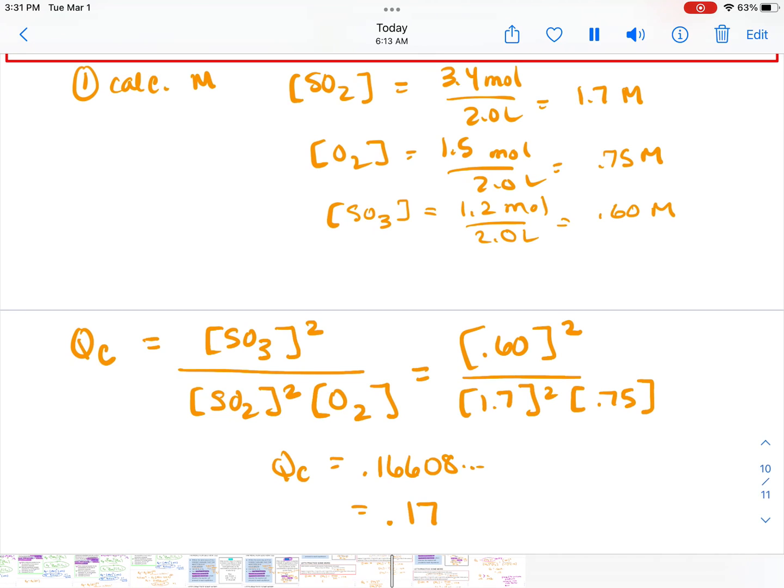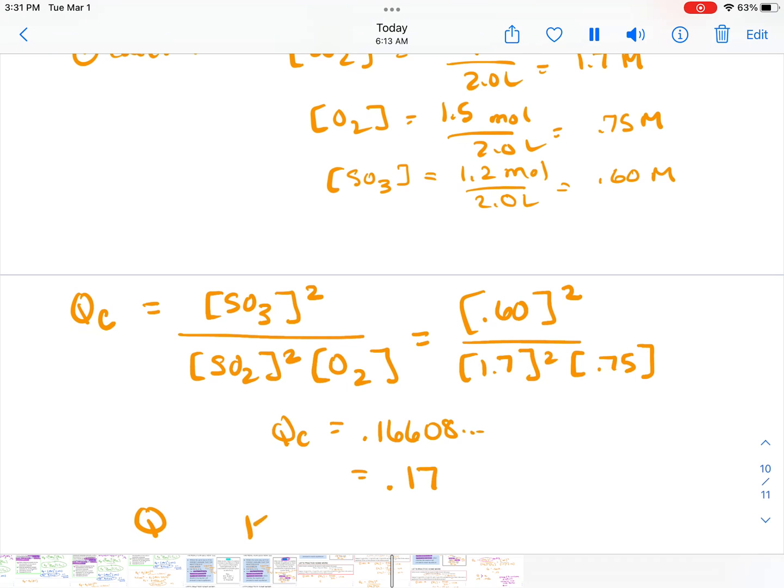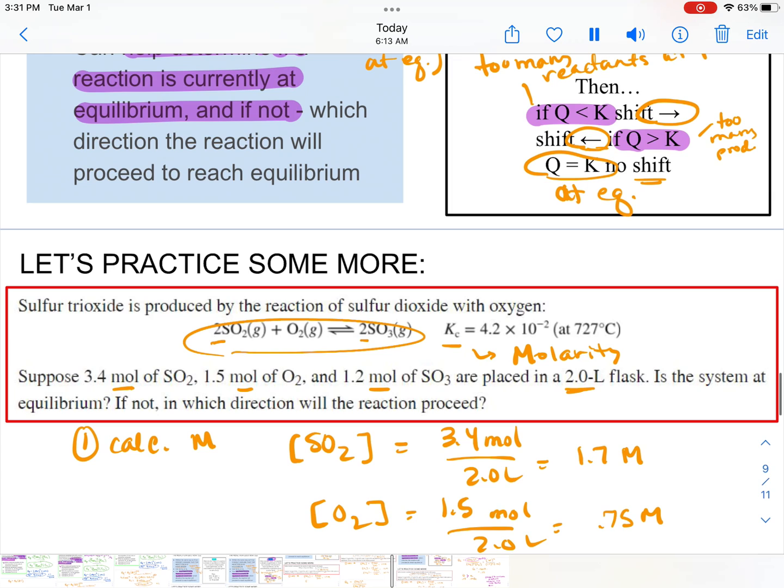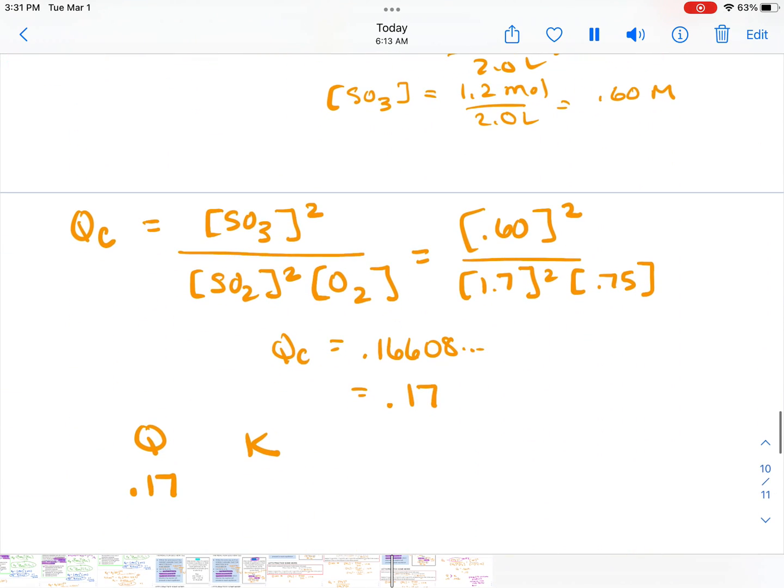So I need to now go back to the question so that I can compare Q to K. This is how I'm going to evaluate whether or not the reaction is at equilibrium and which direction it will proceed to reach equilibrium, which reaction rate would have to be faster for it to reach equilibrium. So the Q is 0.17. The K they gave me is 4.2 times 10 to the negative second, which I'm going to rewrite as 0.042 because I think it's easier to compare when everything is in the same format.